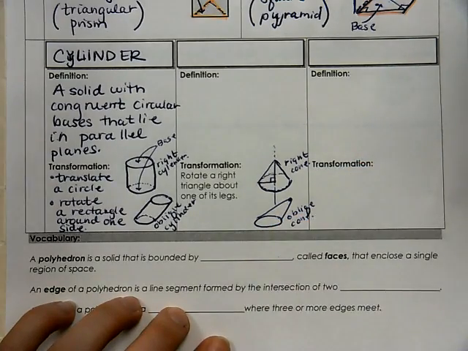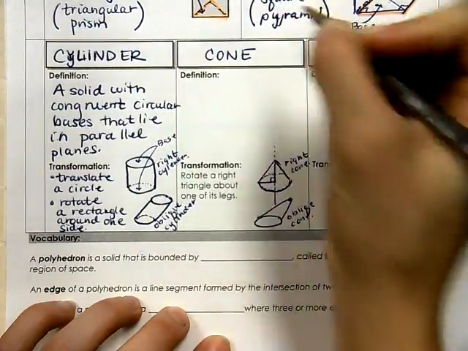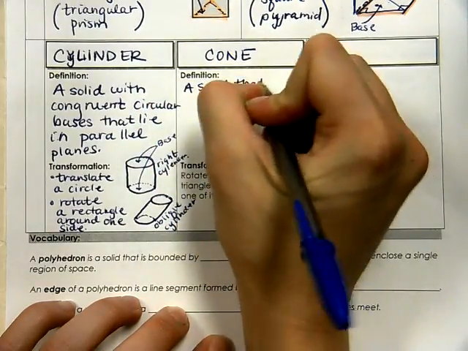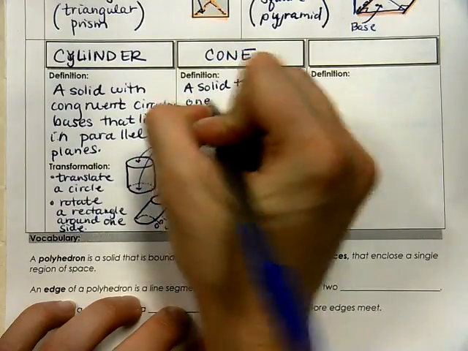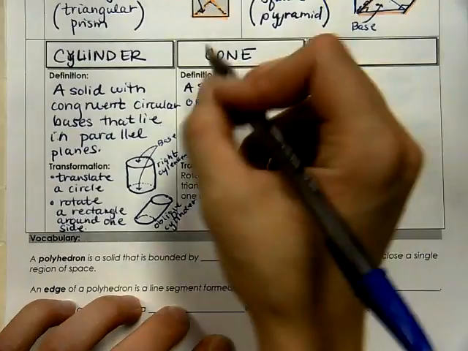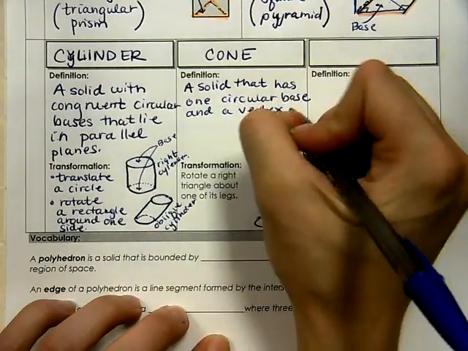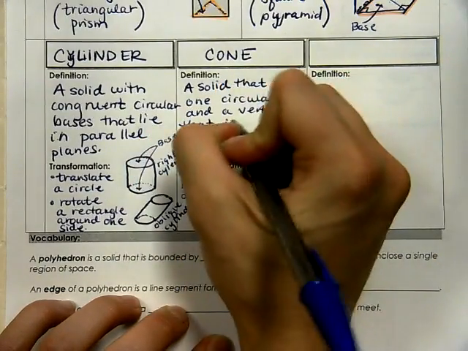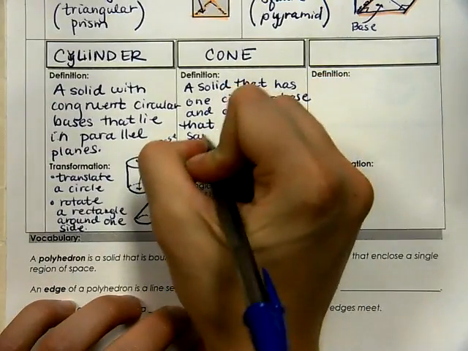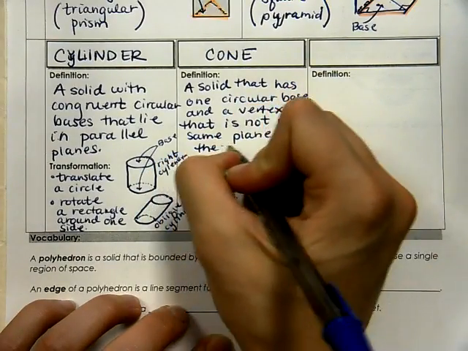The definition of a cone is a solid that has one circular base and a vertex that is not in the same plane as the base.